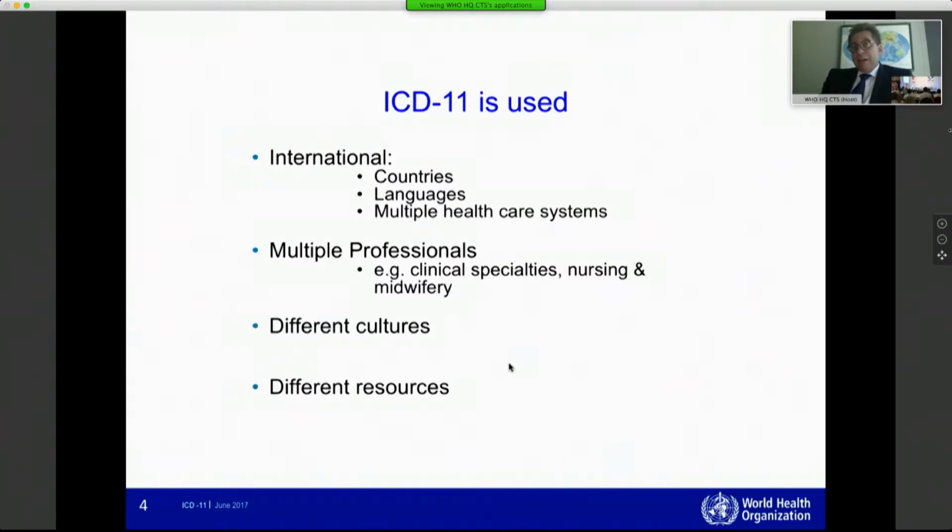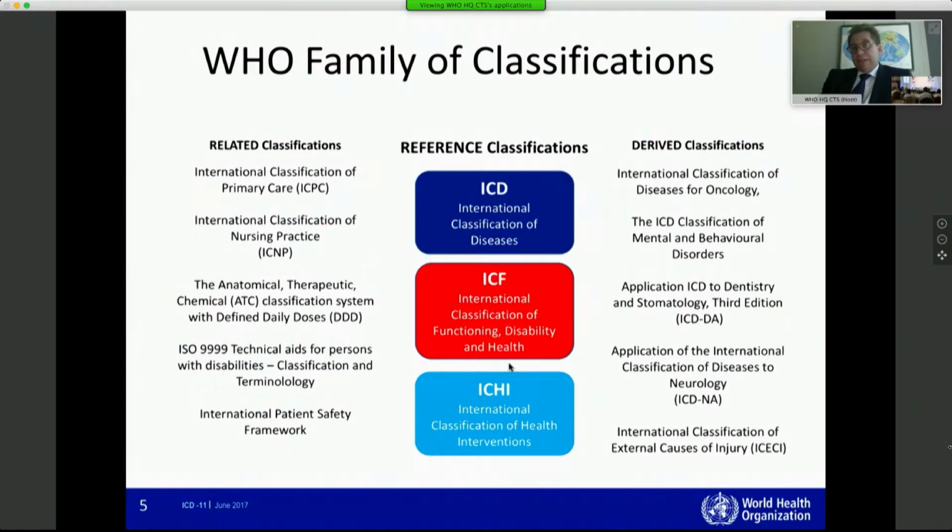So data coming from all these different sources can be used to do statistics, to do analysis, and to inform policy. Of course, we shouldn't forget that ICD also covers different cultures and different resource settings, and this is the reason why in some instances we offer more or less detail to the users, so that they are not pushed aside by the complexity of the classification.